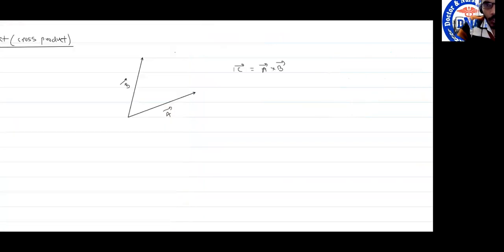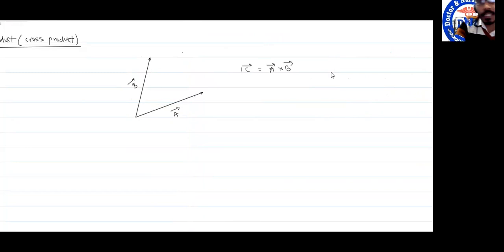A vector has both magnitude as well as direction.